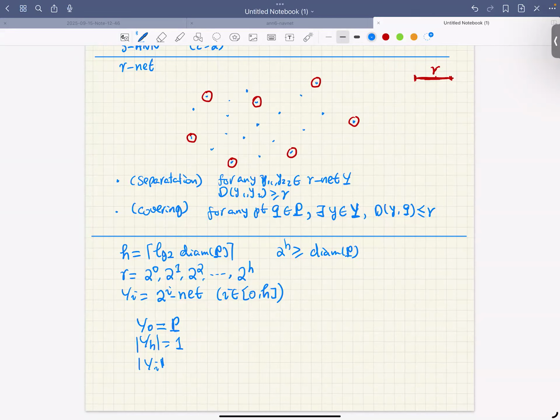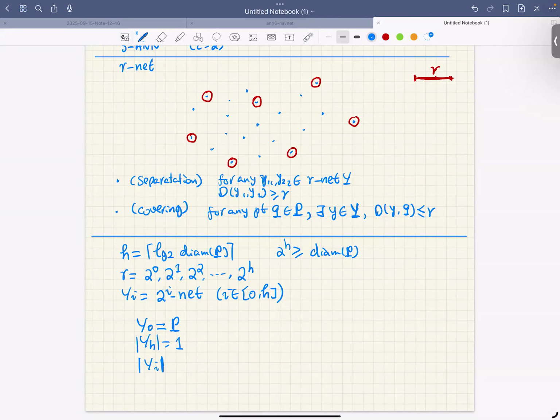Very normal. So as I was saying, you have every right to wonder what happens to the size of this Y_i. In practice, it would be reasonable to say that as the value of i increases, the size of this Y_i tends to be smaller and smaller.